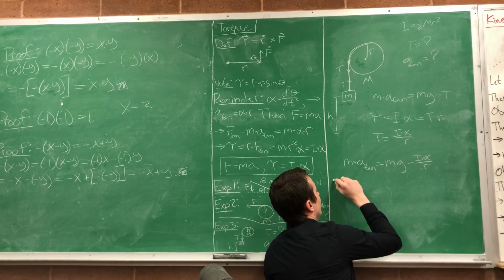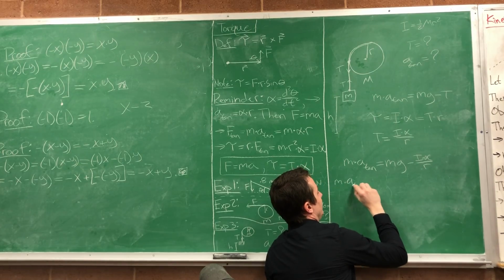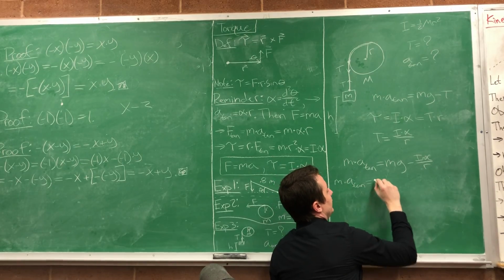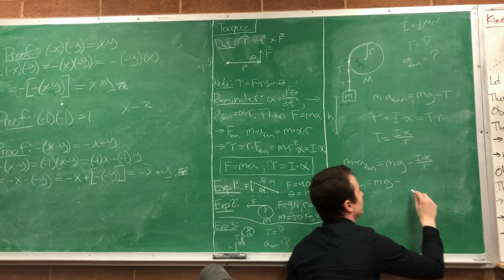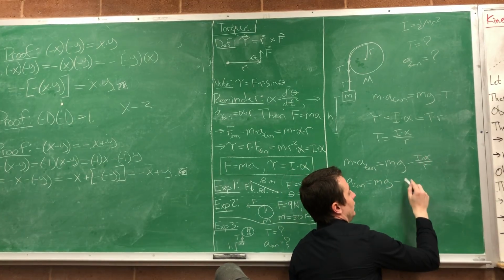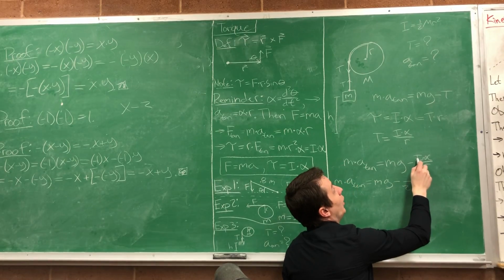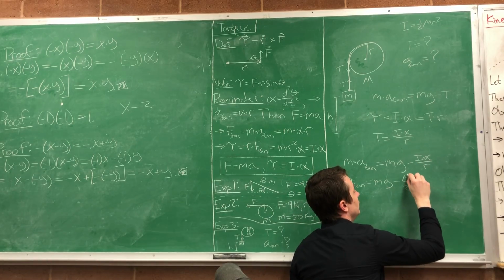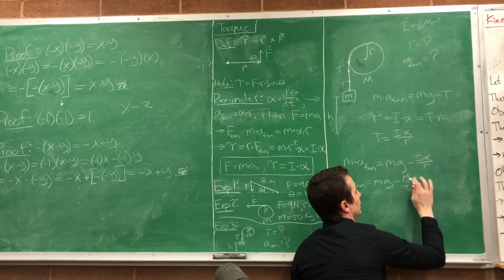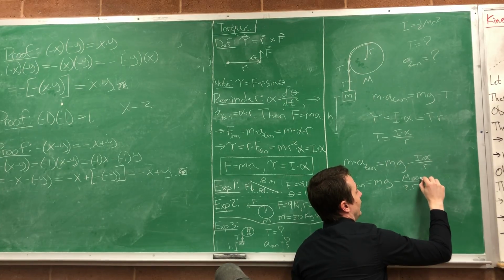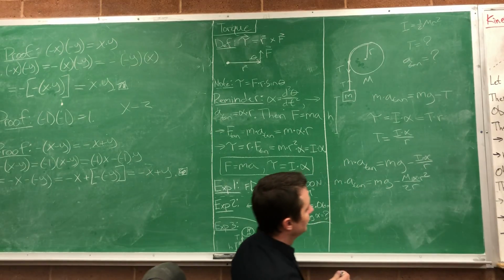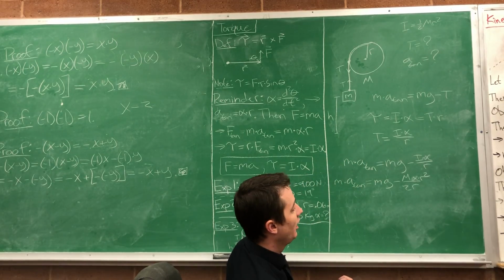So I get m times my tangential acceleration is equal to mg minus, we have 1/2, I'm going to put just a 2 in the bottom instead of the 1/2, you with me? 1/2 big M alpha times r squared. You can get rid of an r.